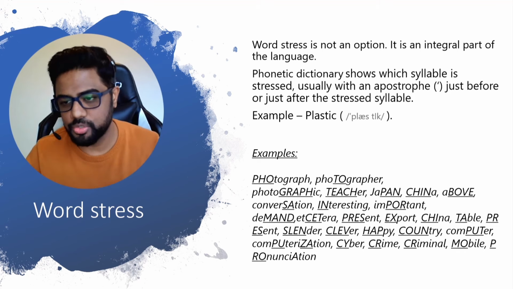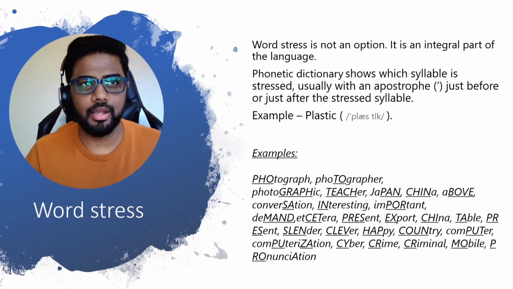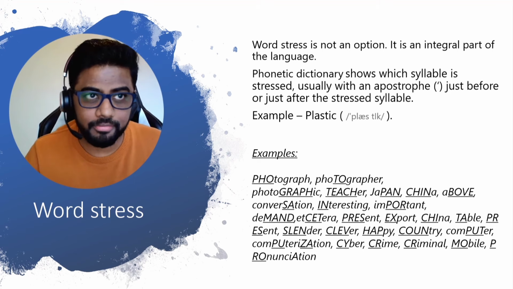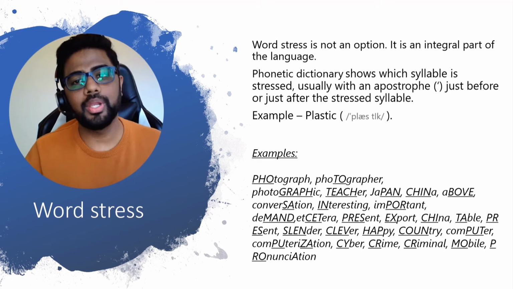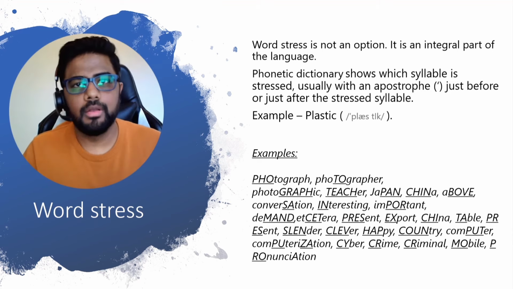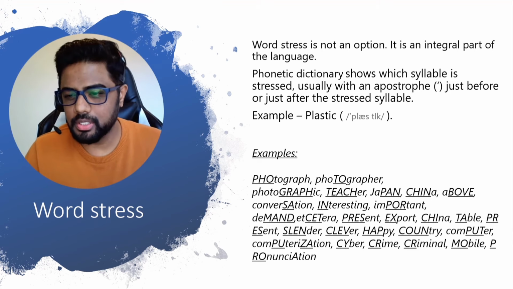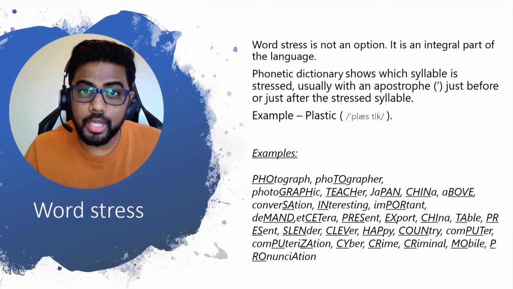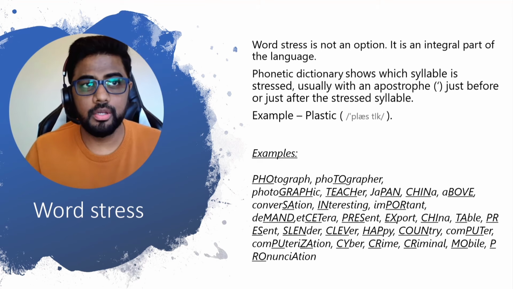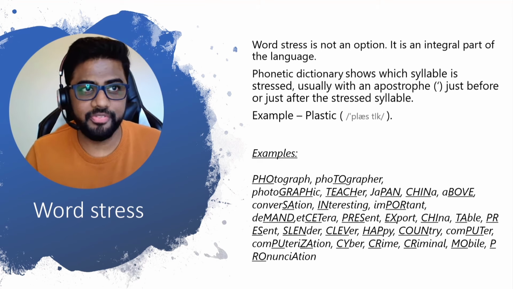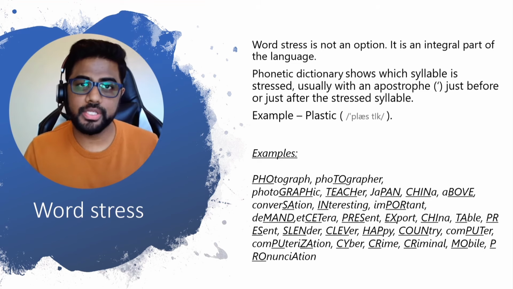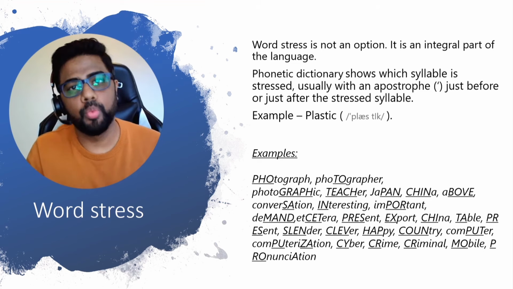So you can practice these words, and as I cannot stress enough, practice is the only thing that can help you. And if you can find a phonetic dictionary, do look out for those apostrophes, which will tell you where exactly the stress lies for that word.